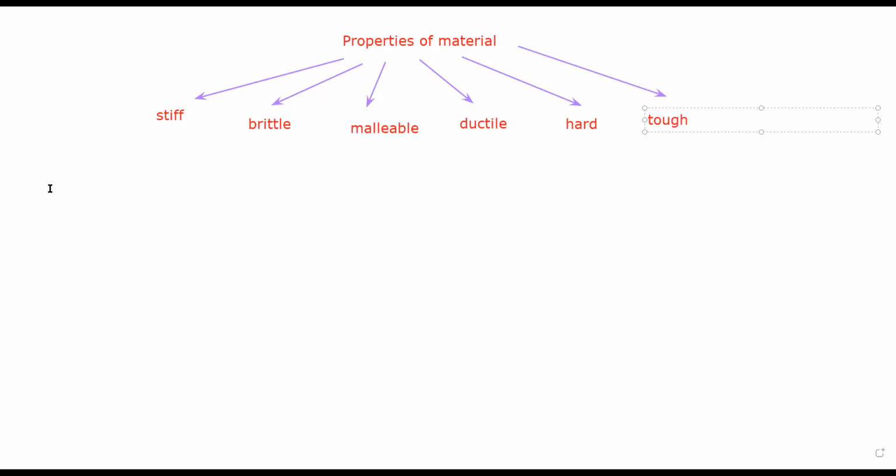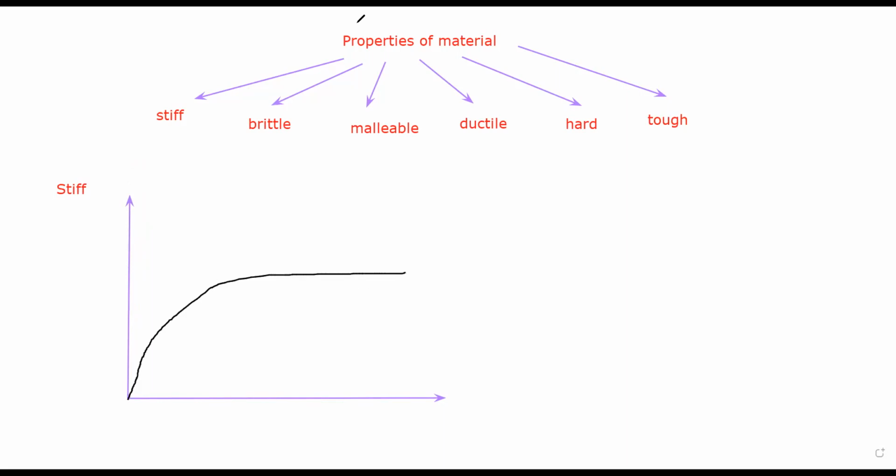So stiff materials: if an object is difficult to change in shape or size, and we need a greater amount of force to produce a small extension, we call that material stiff. For example, I have two graphs.